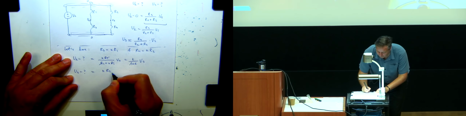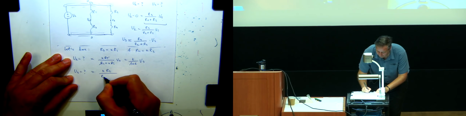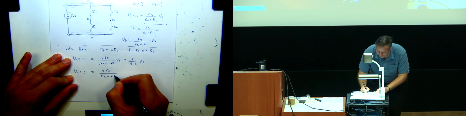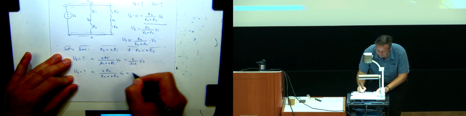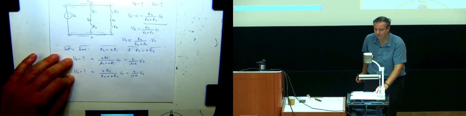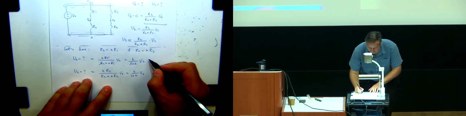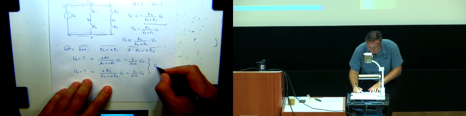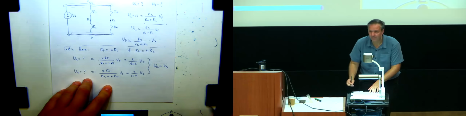We get KR2 over R2 plus KR2 times Vs. So it's K over 1 plus K times Vs. Right? So from this, we see that U2 actually equals U3.